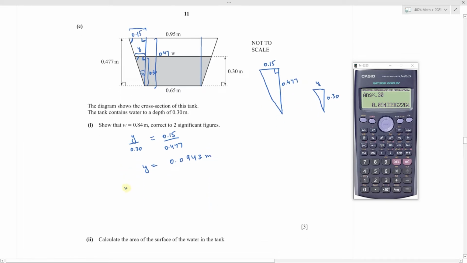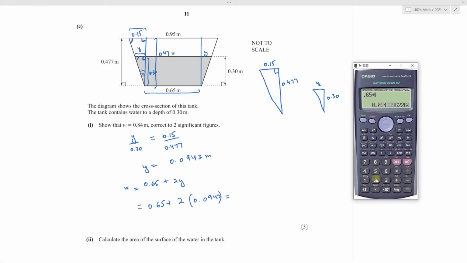Now your W is this length, which is 0.65 plus this y and plus this y. So plus 2y basically. So 0.65 plus 2 into 0.0943, which is 0.8386. And correct to two significant figures, this will be 0.84 meters. That's what you have to show.